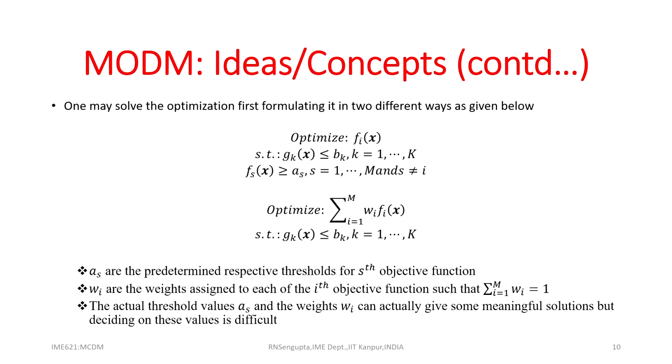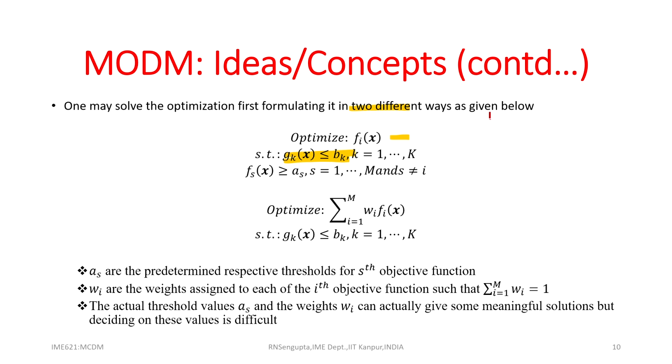One may solve the optimization problem by formulating it in the two different ways which I mentioned. One is to optimize fi, meaning any objective function you optimize, but you consider the constraints as they are. So, gk(x) less than equal to bk remains as it is, but interestingly all the other objectives which you have, I will denote now.